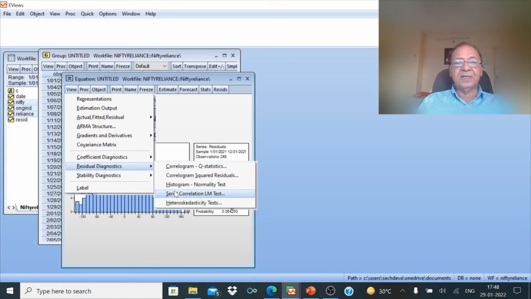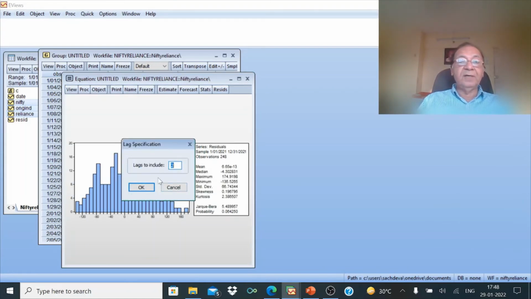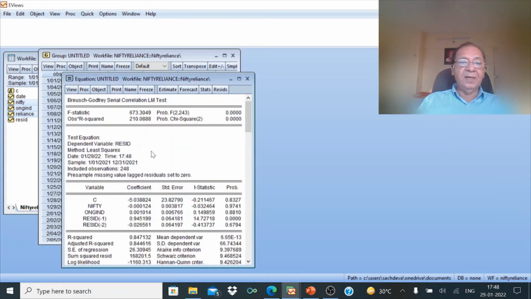We can see the serial correlation in the residuals. We will again take two lags, and in the serial correlation test the null hypothesis is that there is no serial correlation, but our F-statistic and the probability chi-square 2 is 0.000. We reject the null hypothesis. There is a serial correlation.